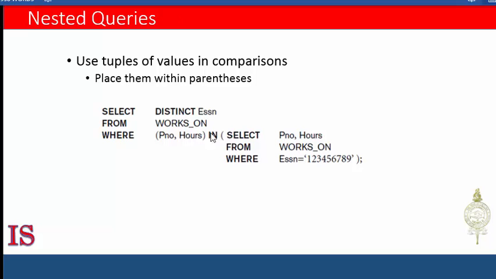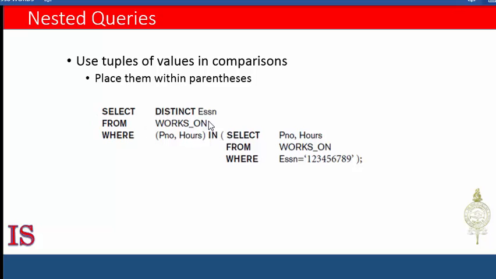In this example, the IN operator compares the subtuple of values in parentheses. Here is your query in parentheses that represents the subtuple of values: project numbers and hours within each tuple in the WORKS_ON table, compared with the set of type-compatible tuples produced by the nested query. Take a look at this.